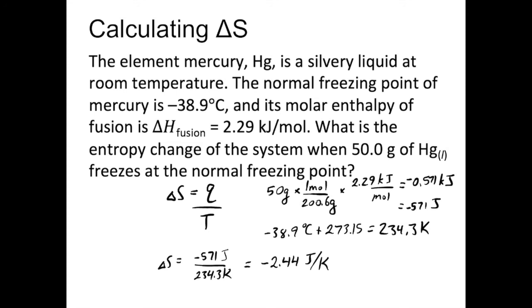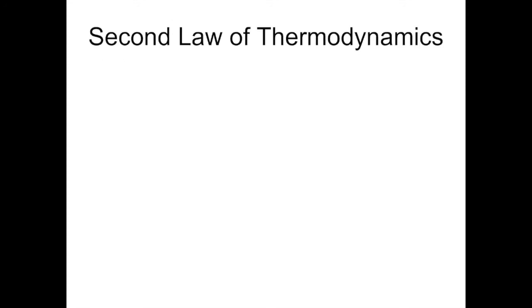We can also talk about one of the laws of thermodynamics that states that the entropy of the universe increases for spontaneous processes, and it doesn't change at all for reversible processes. So we can convert that into an equation.